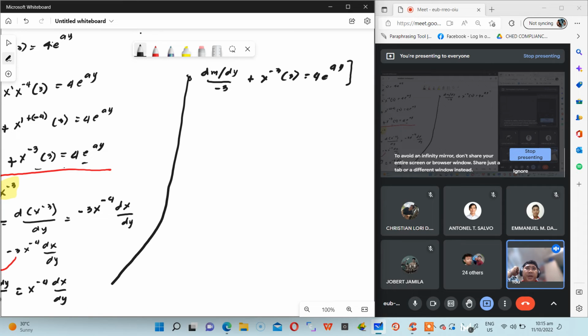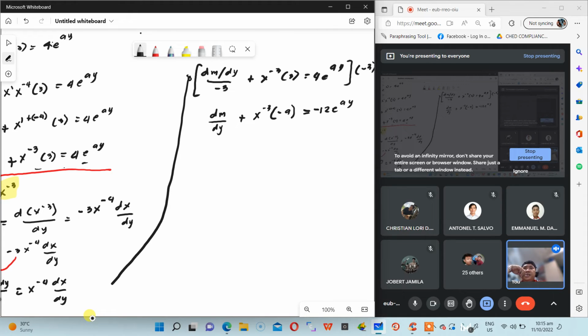So, multiply both sides by negative 3. Therefore, what remains is dm over dy plus x raised to the power of negative 3. So, 3 times negative 3 is negative 9, equals 4 times negative 3, that is negative 12, e raised to the power of 9y. Okay.